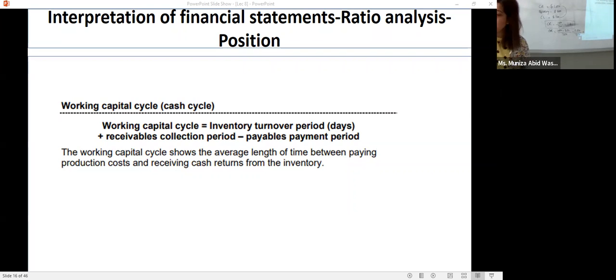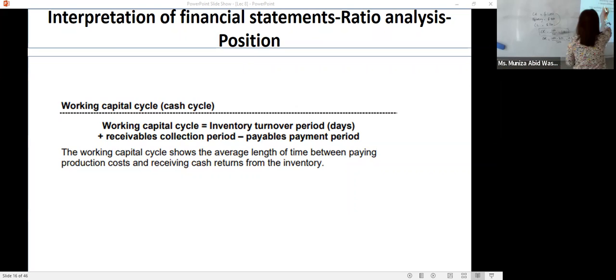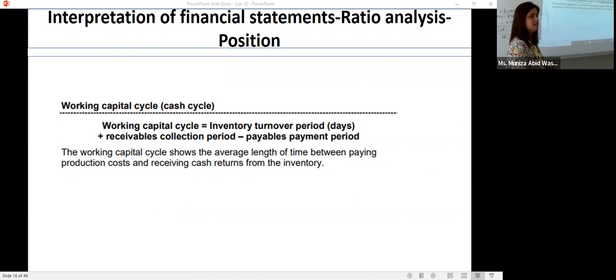In an organization, the cash cycle is going to be continued, students. The time period which the organization takes to convert its inventory into sales, plus the receivables collection period, the time period which it takes to receive the money from its receivables, minus the payables payment period, the time period which it takes to pay back its payables, is the working capital cycle.